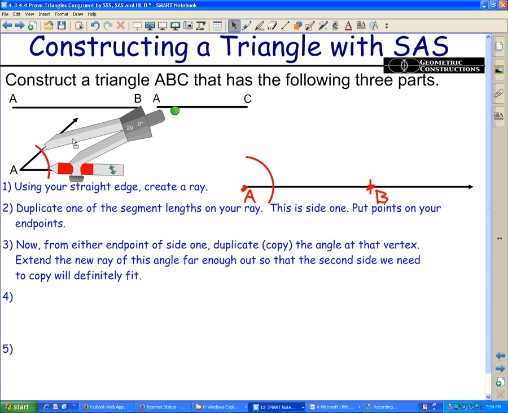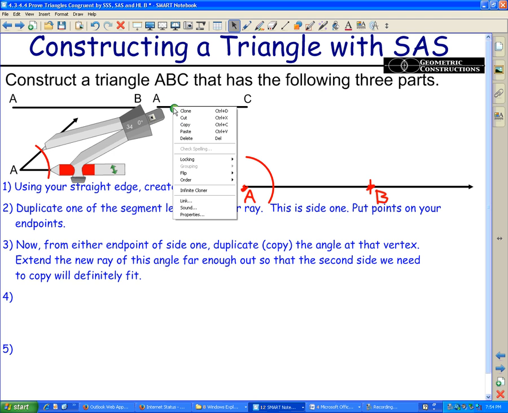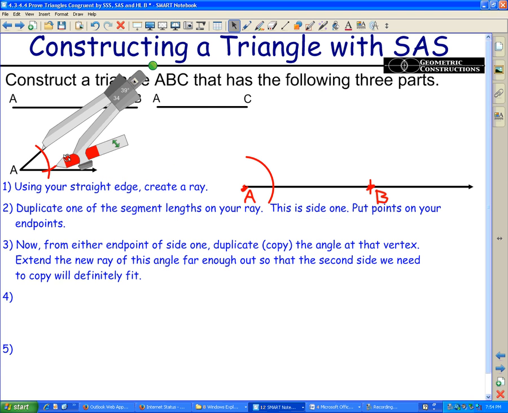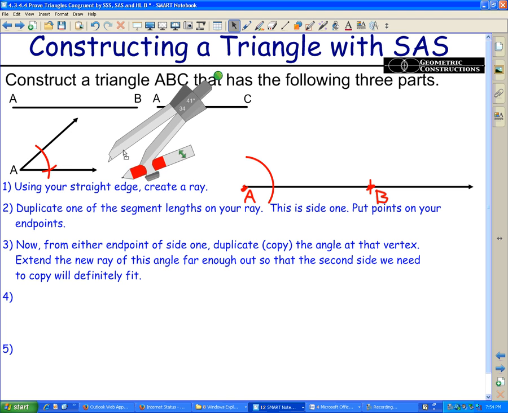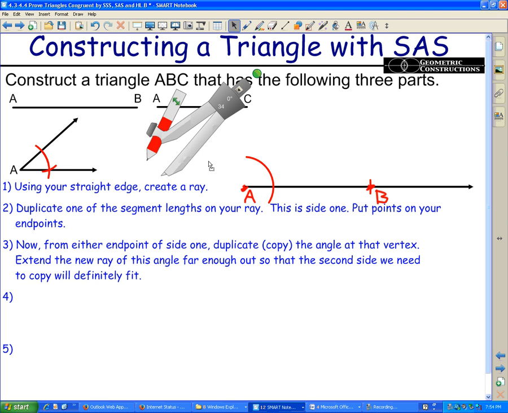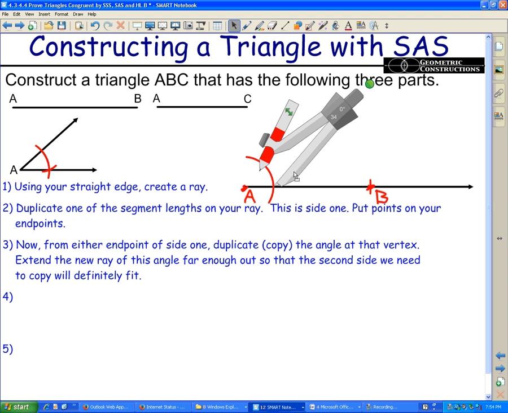It's lined up just a little bit better. That looks about right. Put a little arc there just to say, yep, that's the distance. And then I'm going to come over, using that same exact distance, to this arc intersect point and do that same distance there.